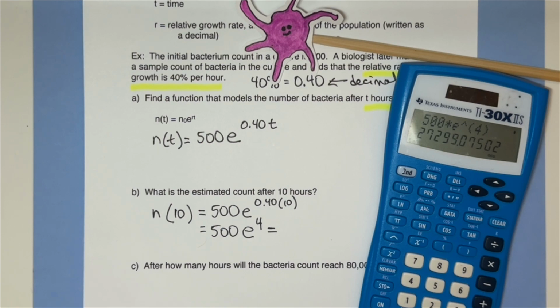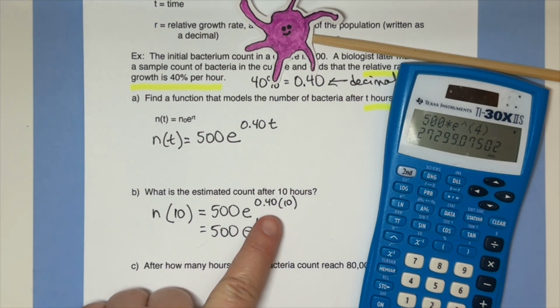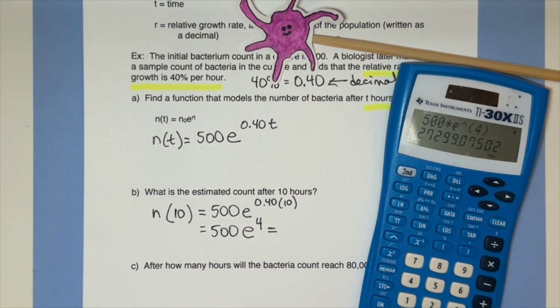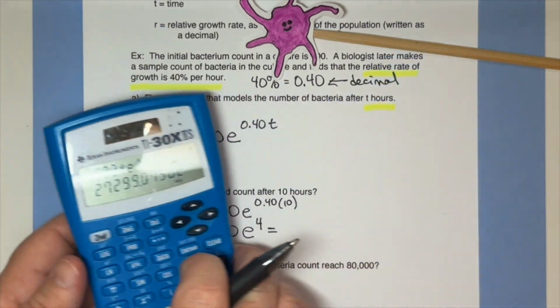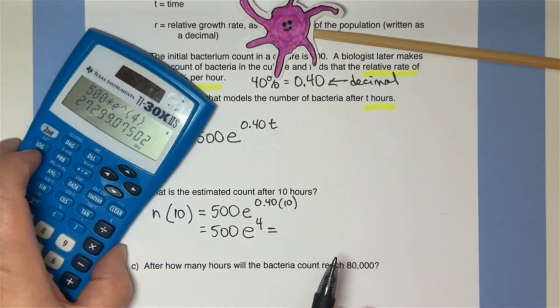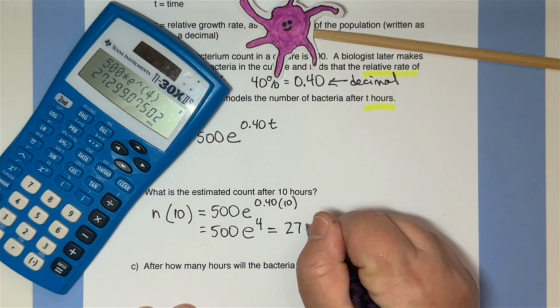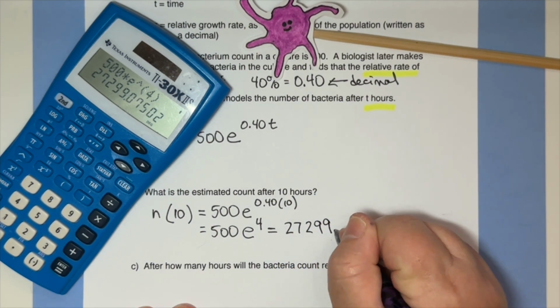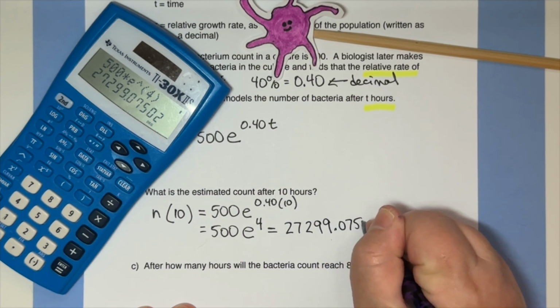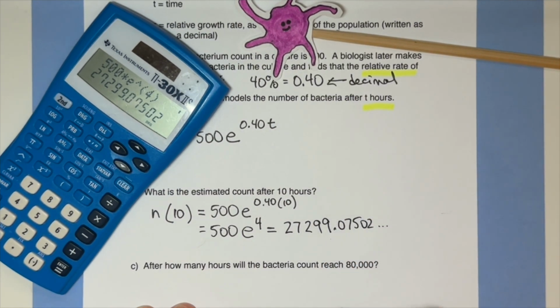And that escalated quickly. So after 10 hours, starting with 500 of these, it's going to be, what is that? Let me come over here where I can kind of see it and write 27299.07502 and some other numbers.